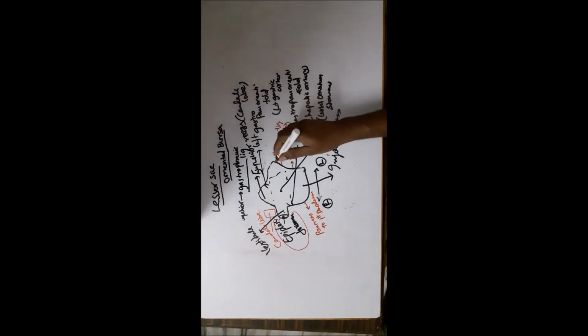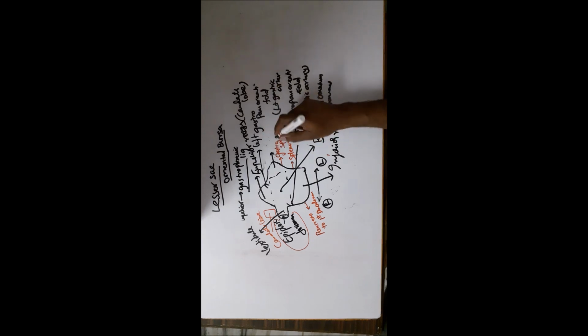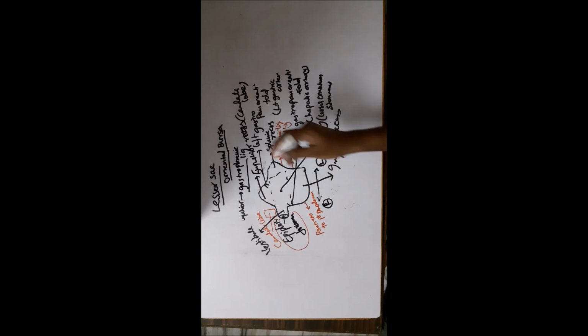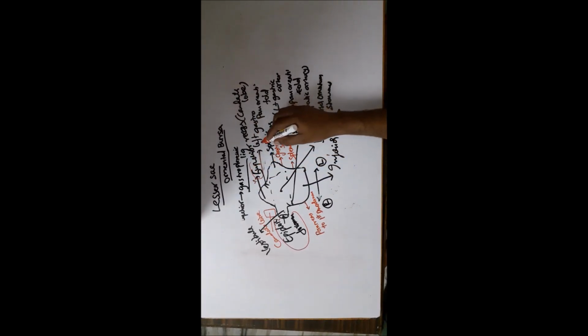And towards the left between the gastrosplenic and splenorenal, we have the splenic recess. So what are the three recesses we can see? Superior recess, splenic recess and inferior recess.